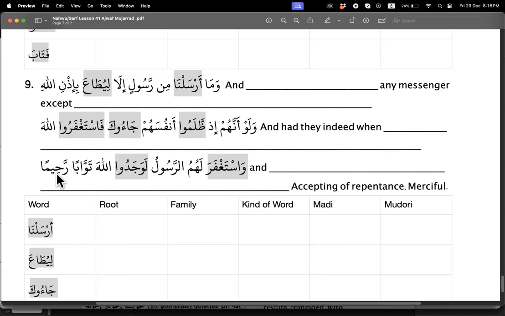This one is actually maktuf to tawaban without the waw. Sometimes you can delete the waw, the atifah, if it is clear that it is not the maktuf. So two sifat of Allah are not sifat of each other. They are both sifat of Allah. So basically, they will find Allah to be accepting of repentance and merciful.